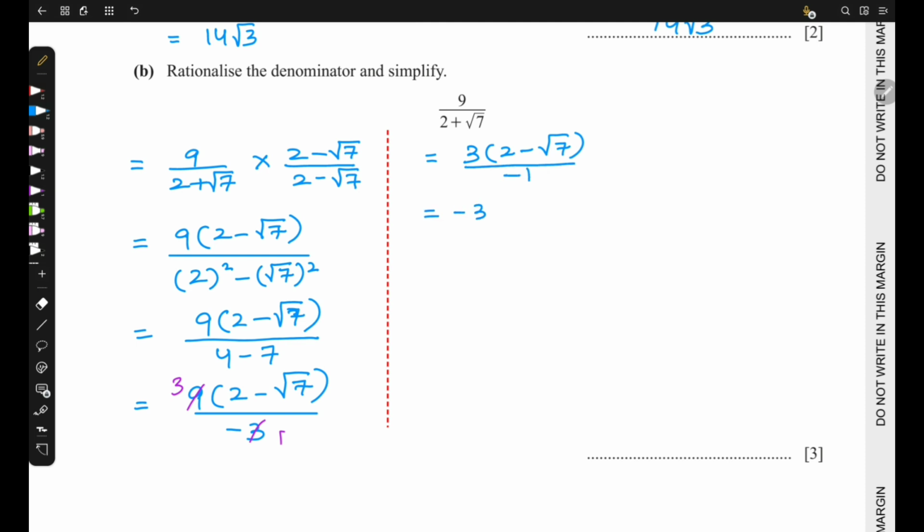You can write it down like this, minus 3 times 2 minus under root 7. You can leave your answer like this as well, or you can do multiplication, minus 6 plus 3 under root 7. These both are correct answers. So I'm going to write down the second one, minus 6 plus 3 under root 7. So this is your final answer.